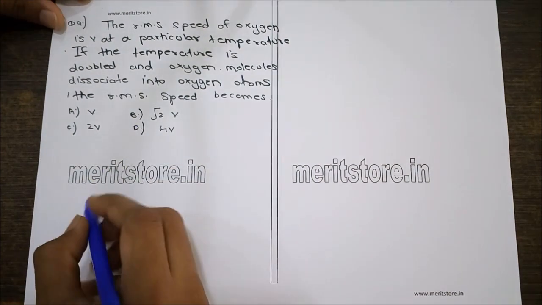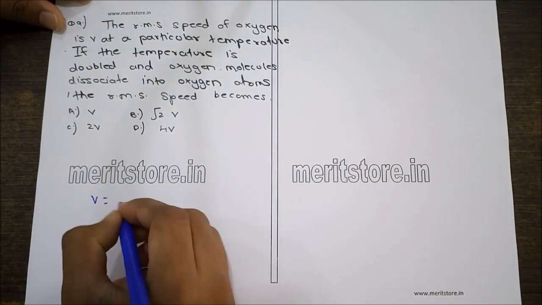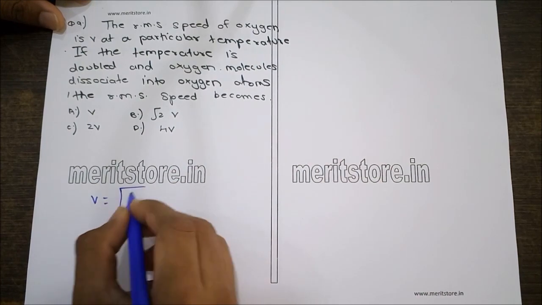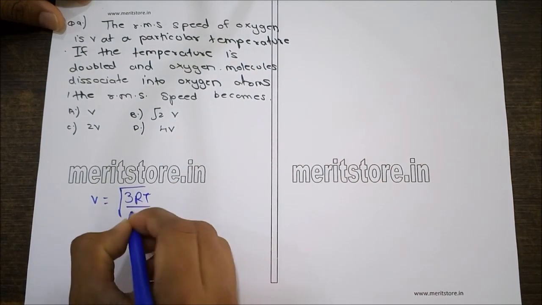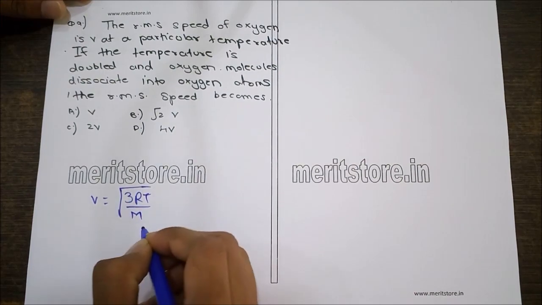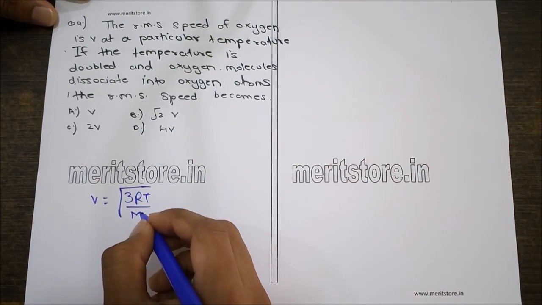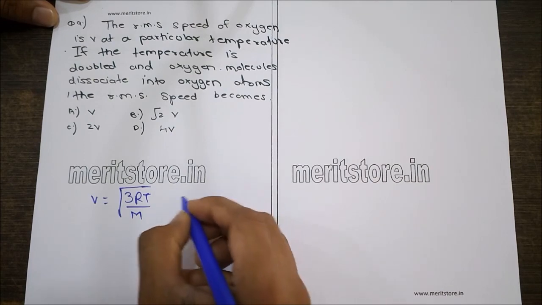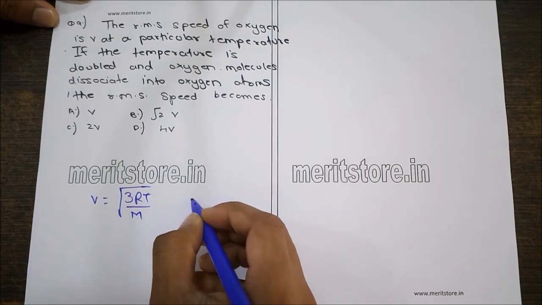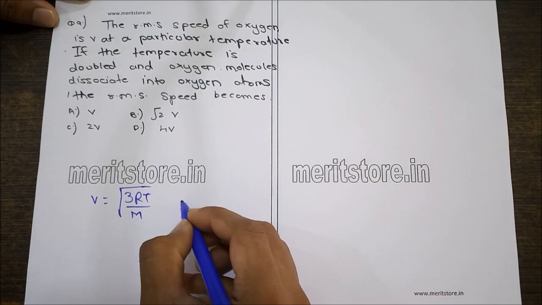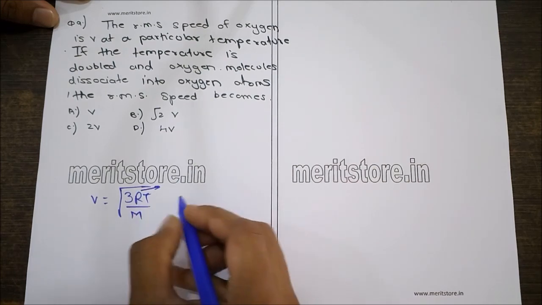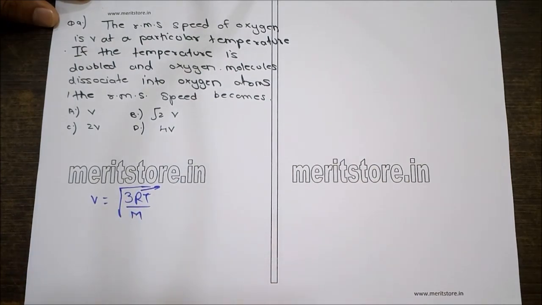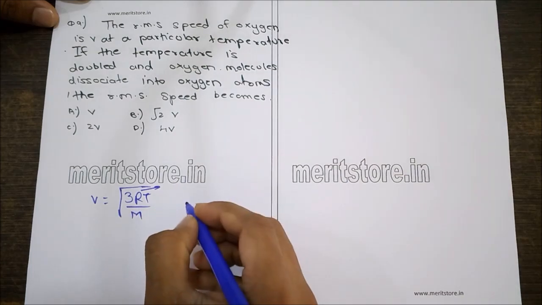Now the relation for RMS speed is given as V is equal to root of 3RT upon M, where M is the molecular mass and T is the temperature. Since R is a constant and 3 is also a constant, we can generalize this.